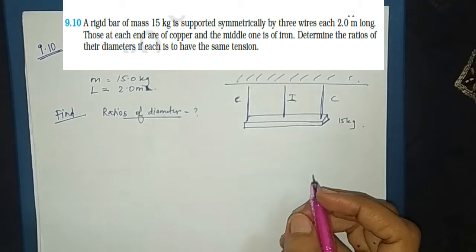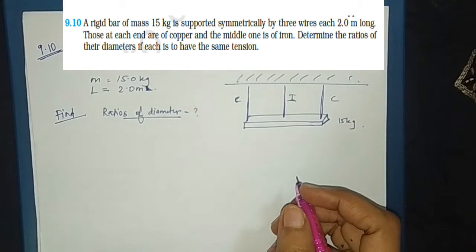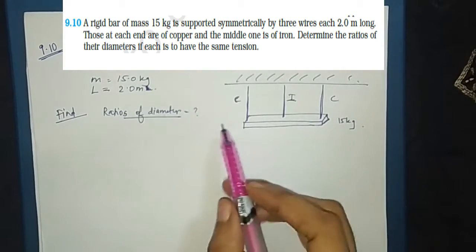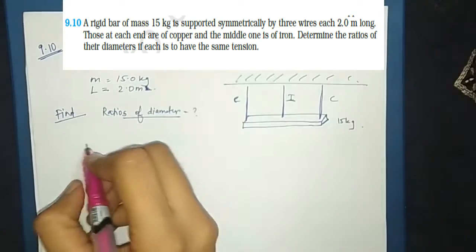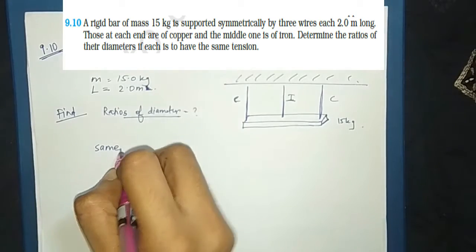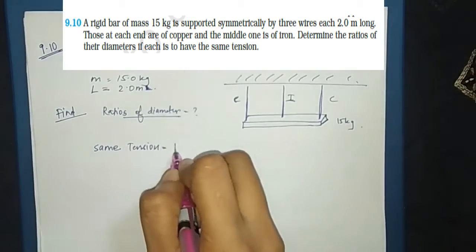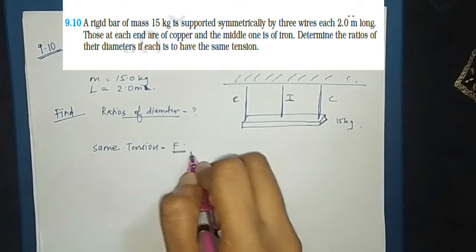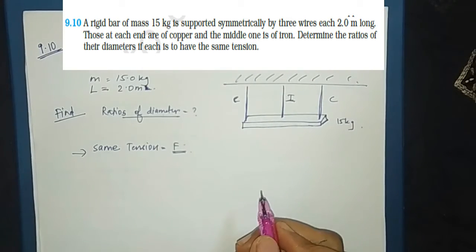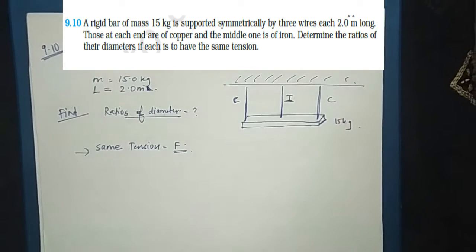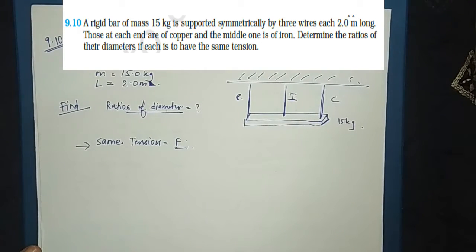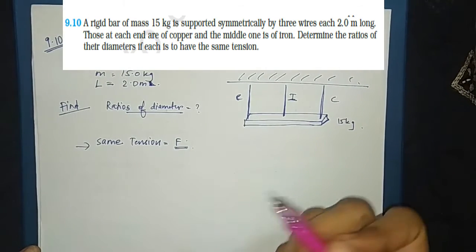So let's go back to the problem. It's given in the question that all wires have the same tension. So if all wires have the same tension, the load or the force on all wires is the same. Also it's given that it is symmetric. So what does that mean?